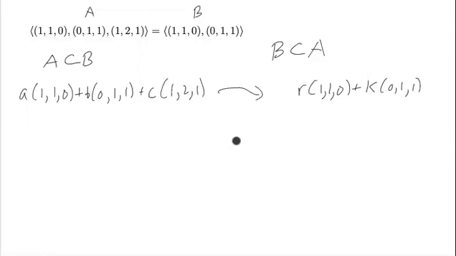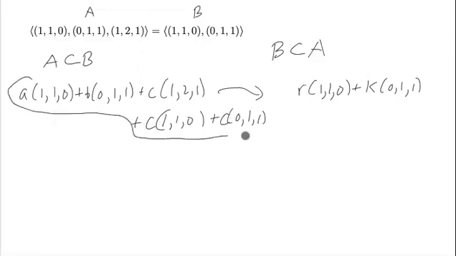All right. So we know that this is the sum of those two vectors. So we could rewrite this as (1, 1, 0) plus (0, 1, 1). And then we can distribute the C to both of these, C and C. And then we're adding this right here.